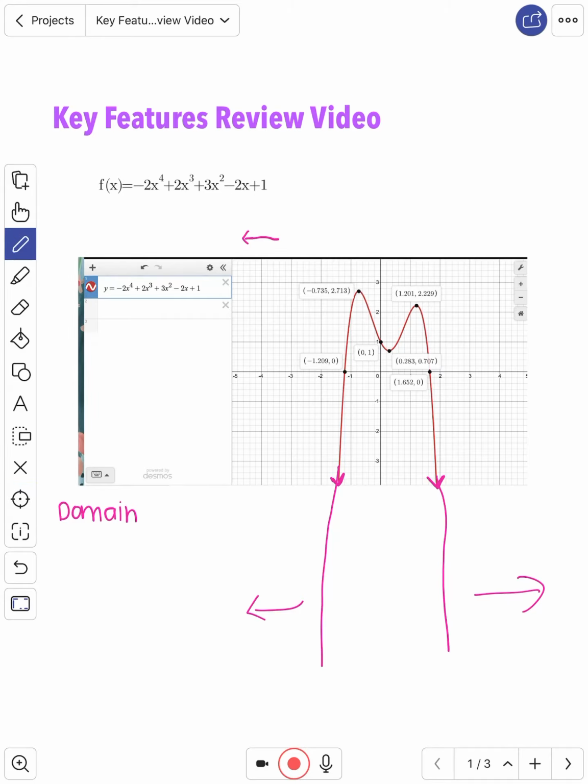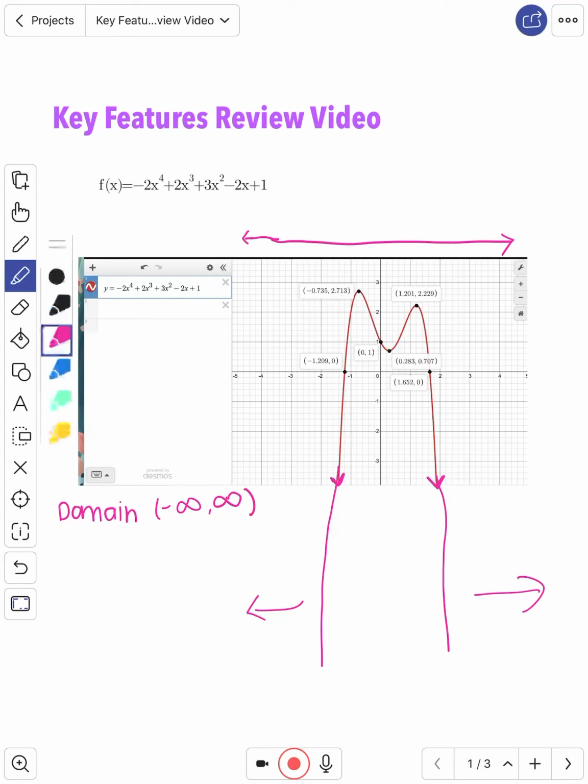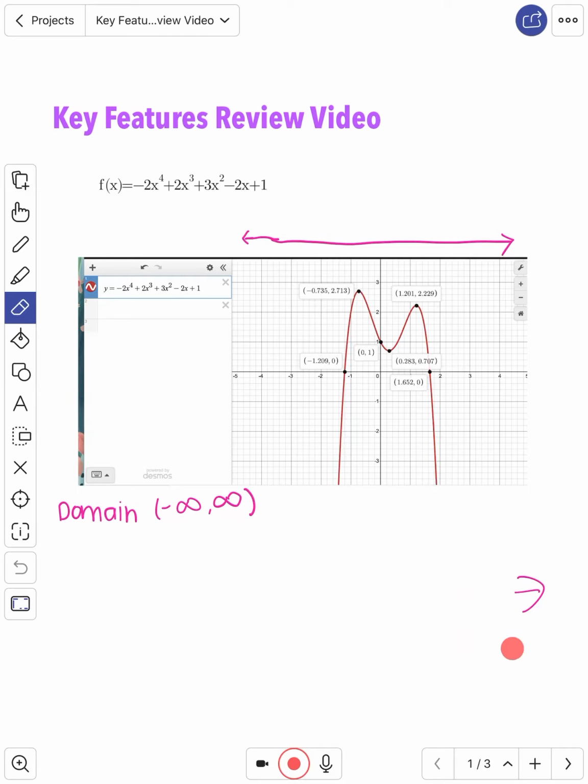So my domain in this particular problem is going from negative infinity to positive infinity, all real numbers. The domain here is negative infinity to positive infinity because there are no x values that are not included in this problem.